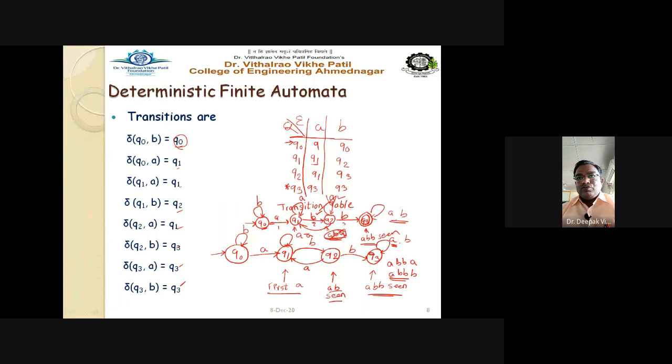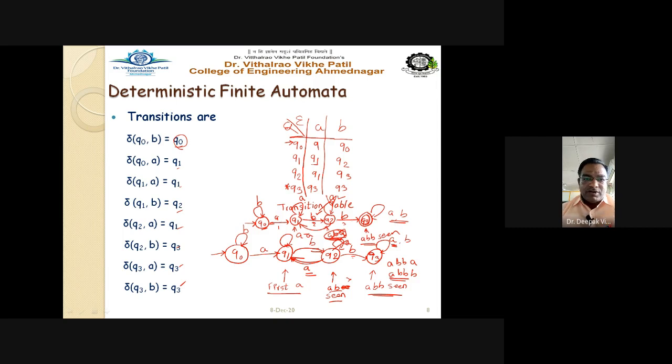But in case of Q2, if you draw the self loop A here, it will definitely disturb, because it becomes A, B and A. So your ABB sequence gets disturbed here, right? So instead of this one, you have to go to this one. So it becomes A, then again B, B. So your particular sequence will not get disturbed here.